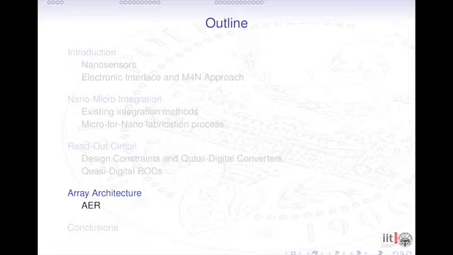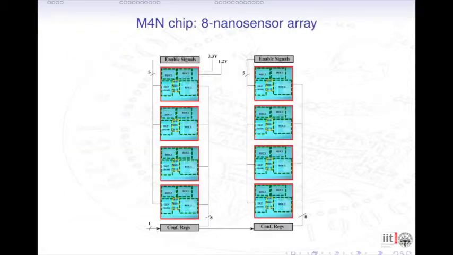Let's talk now about the design of an array architecture that includes a large number of readout circuits and nanosensors. In particular, the M4N prototype chip that has been designed includes 8 elements in the array.